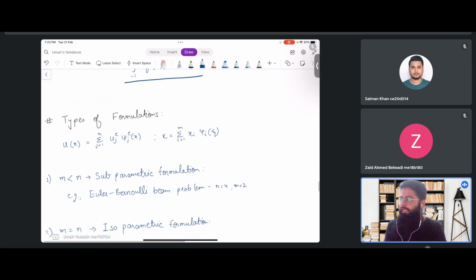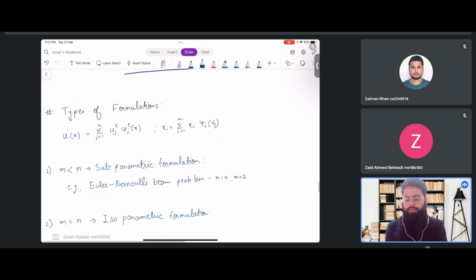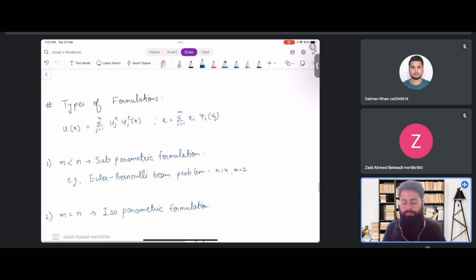One more thing we studied, I'll quickly revise: the number of points required in approximating the solution and in approximating the geometry may not always be the same, though in practice most of the time we keep them the same. If both are the same, that's known as isoparametric formulation.